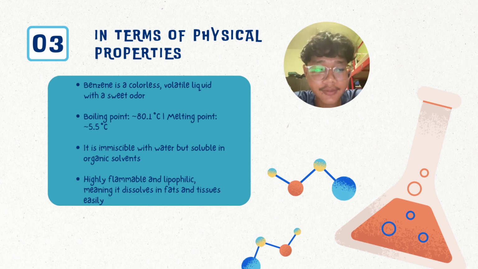It is immiscible with water but soluble in organic solvents, highly flammable and lipophilic, meaning it dissolves in fats and tissues easily. This unique combination of chemical stability and volatility makes benzene both industrially useful and hazardous, especially in environments where inhalation exposure is possible.